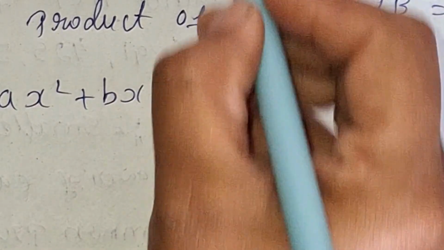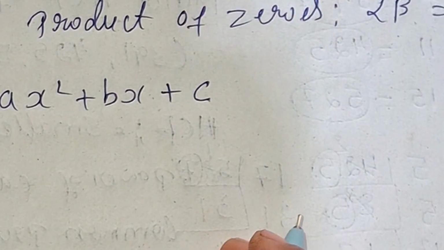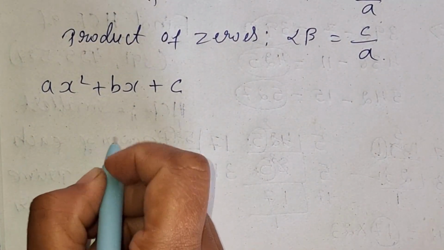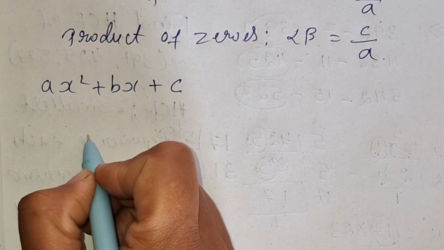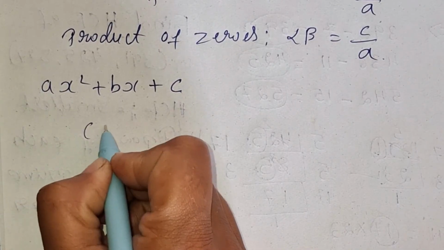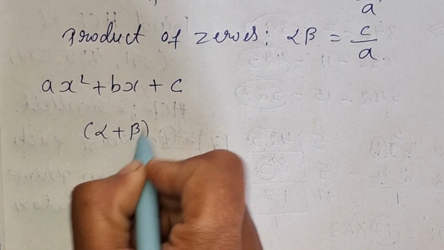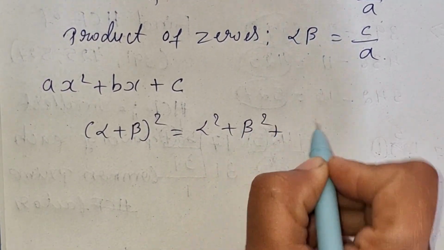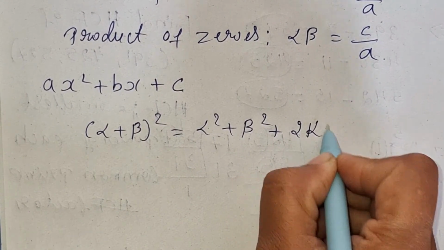So what we find out is alpha square plus beta square. We know the algebraic identity: alpha plus beta whole square equal to alpha square plus beta square plus 2 alpha into beta.